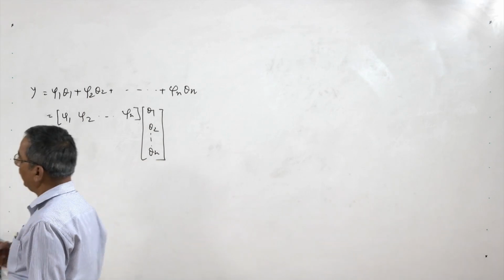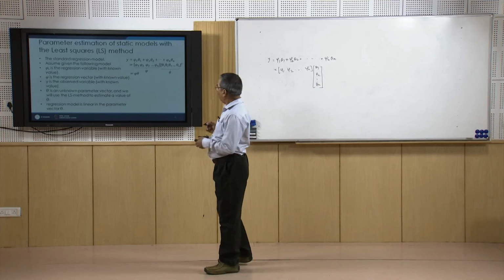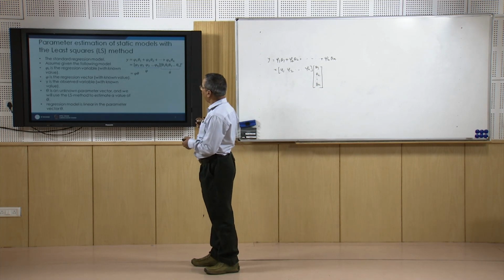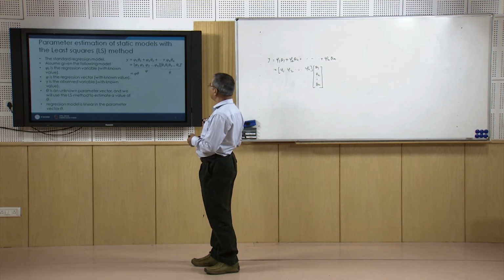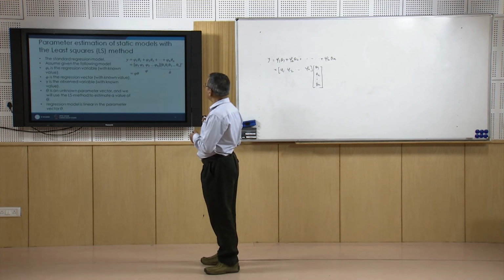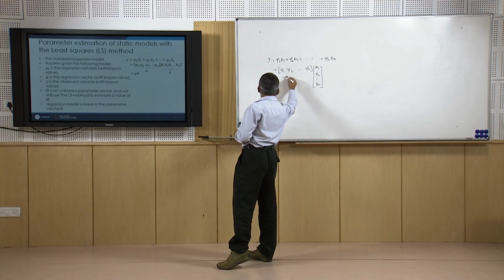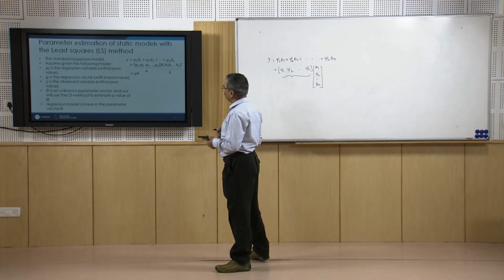Now, here you see, in this model phi i is the regression variable which is known, that is, it has known values. We know these phi's.